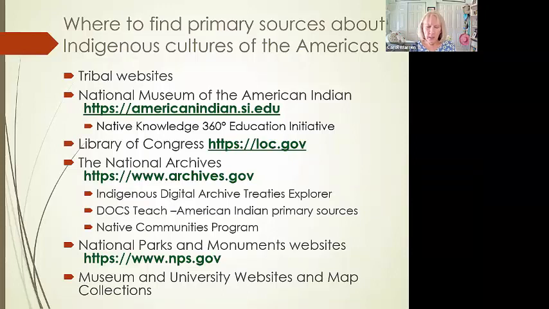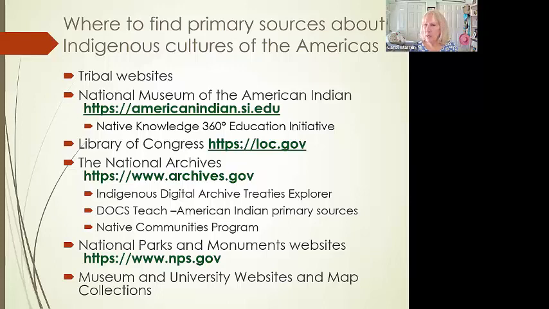The Indigenous Digital Archive Treaties Explorer tells about treaties and land cessions, because a lot of tribes didn't have treaties, they had land cessions, and how they've changed over the years. So if you want to bring that past to the present, that would be something to look at. In DocsTeach, we have their primary sources, and in the Native Communities program, you can search by geographical area to find the communities that might be in your geographical area.